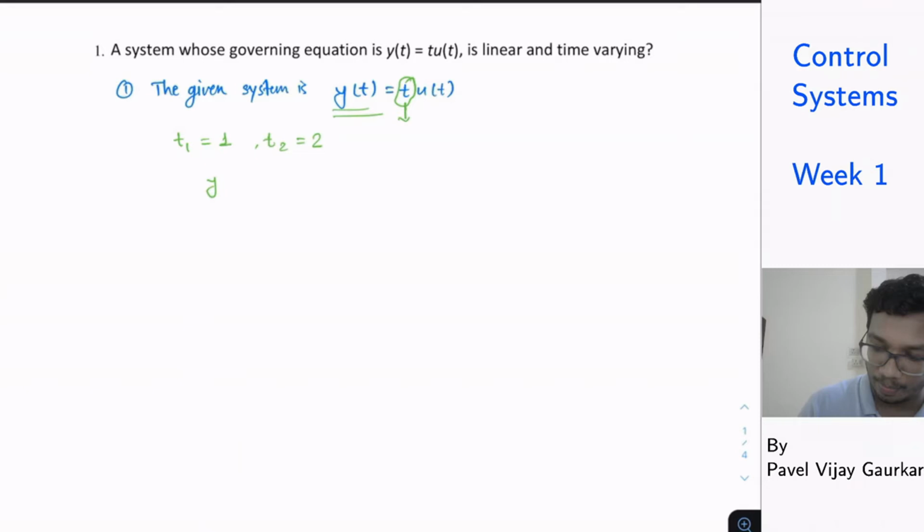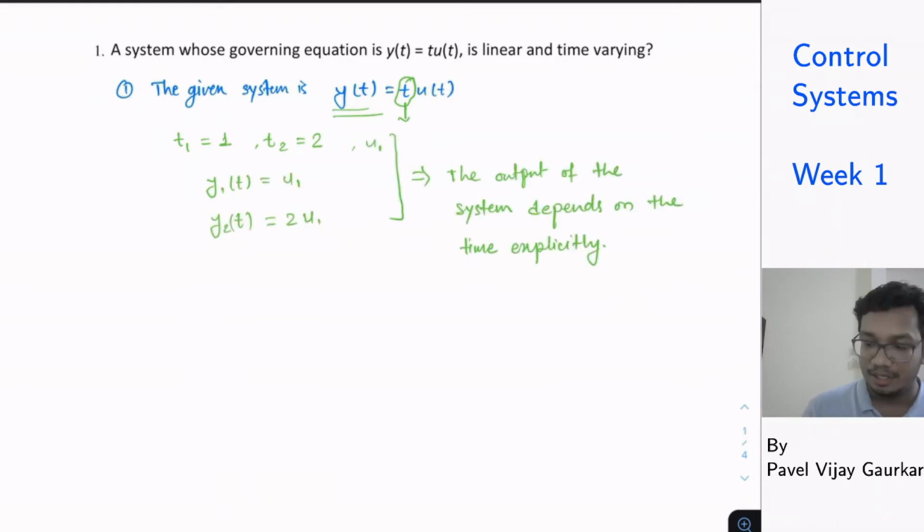Explicitly, that means if the same input is given at different times, the response of the system would be different.